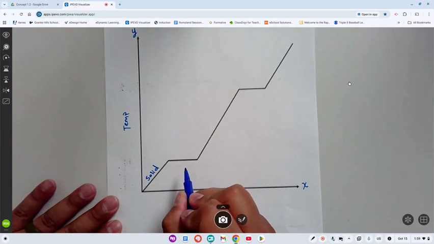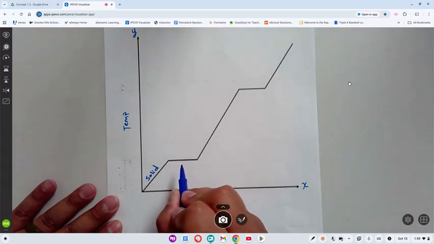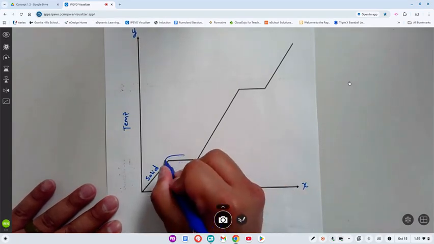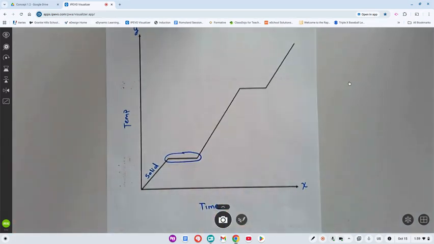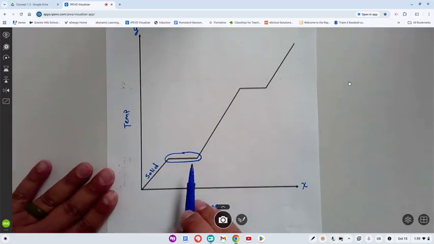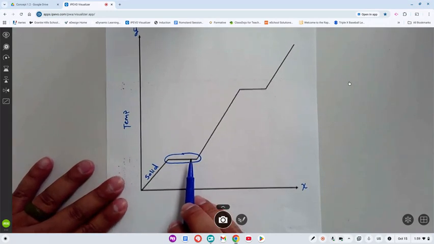So where we see these flat spots right here, these heat curves, these flat spots are going to tell you something very, very specific. Okay, these flat spots are important. These flat spots on the graph represent a phase change.